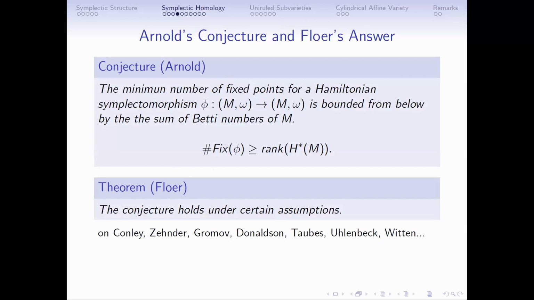Actually, others asked this conjecture: consider a Hamiltonian symplectic homomorphism coming from a Hamiltonian vector field, and consider fixed points. A fixed point corresponds to a periodic orbit, right? The minimum number of fixed points of a Hamiltonian symplectic homomorphism, isotopic to identity, is bounded below by the sum of Betti numbers.